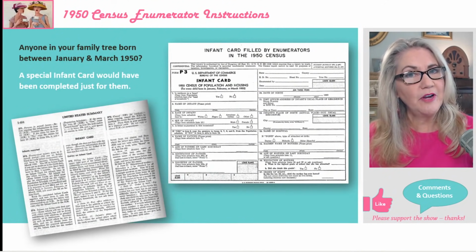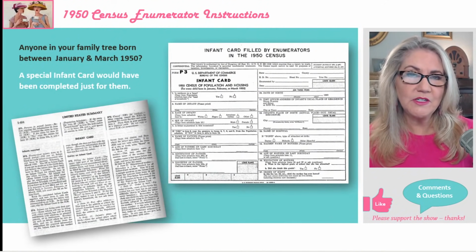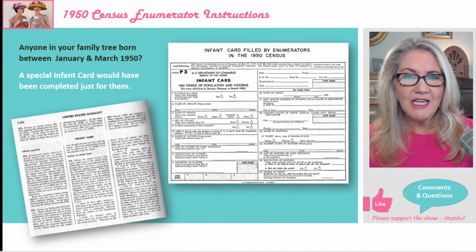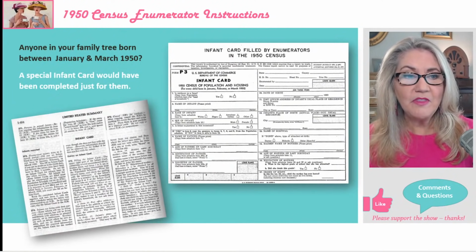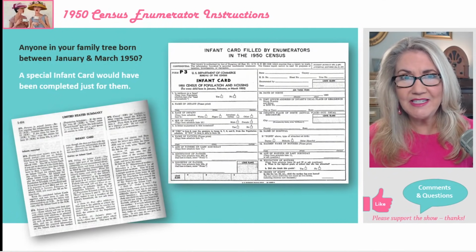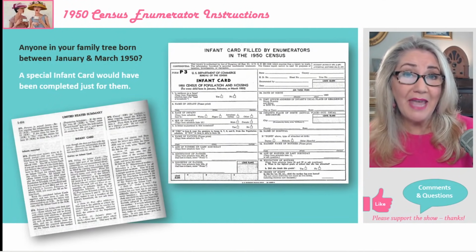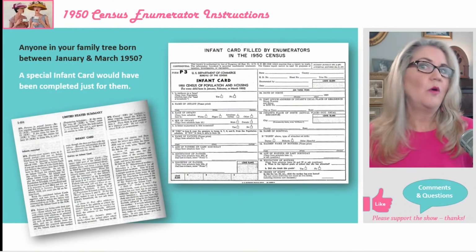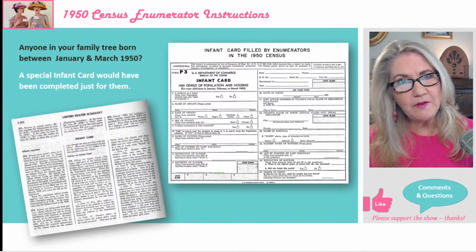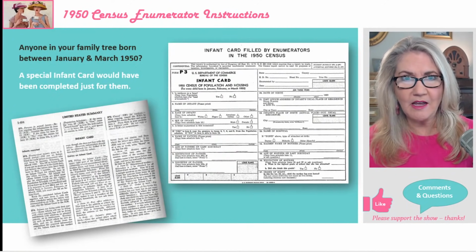And this would be true for any infants in the first 3 months of 1950. So they had this special infant card. And this was completed, and what's really interesting about this is there's almost an entire page in the instruction booklet explaining when this is taken, how it should be filled out, all of that stuff.